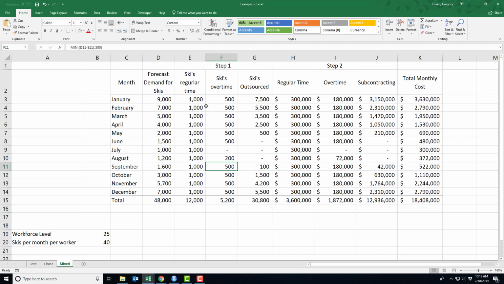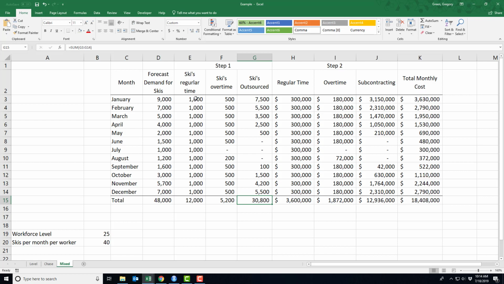Well, this means that I only have 1,500 skis being produced by my labor force, which leaves me with 7,500 skis to be outsourced. So my outsourcing is the number of skis I need minus what my own labor force is producing, which gives me the 7,500. So I can copy that down. Notice there's 1, 2, 3 months where I don't have to outsource, but all the other months I've got to outsource the production of my skis.